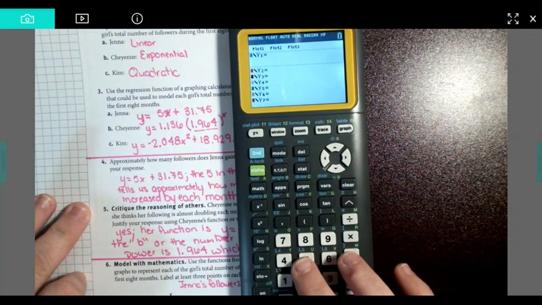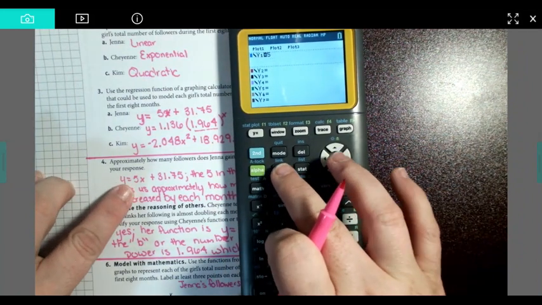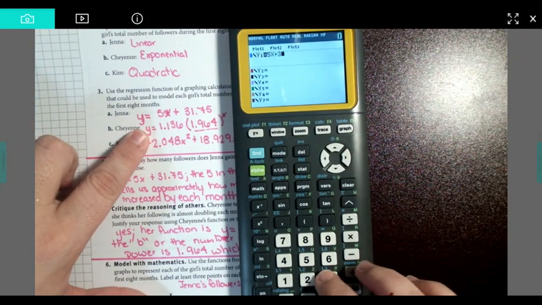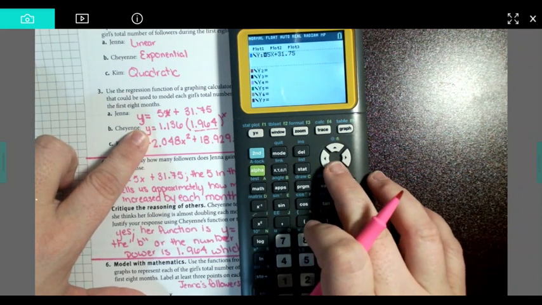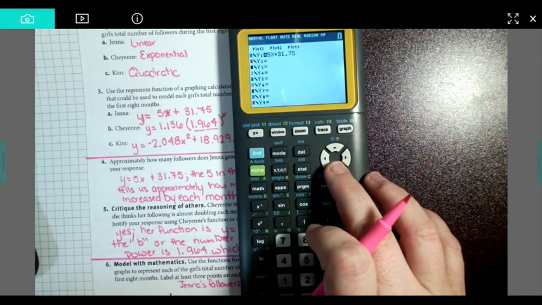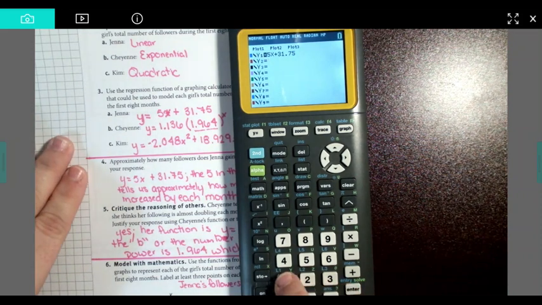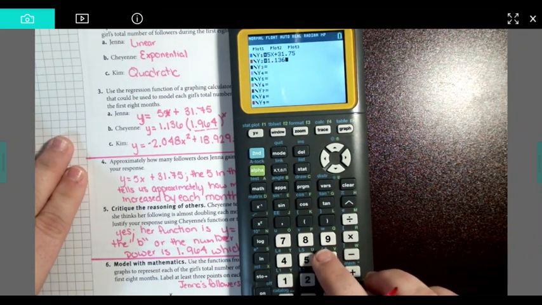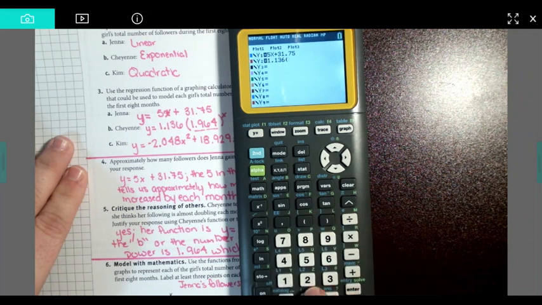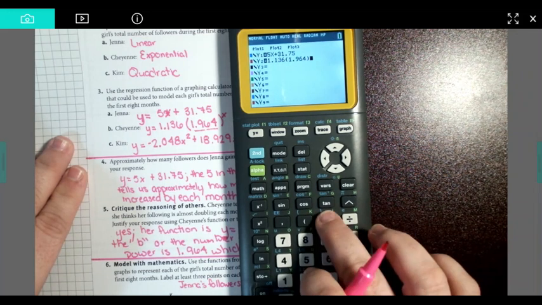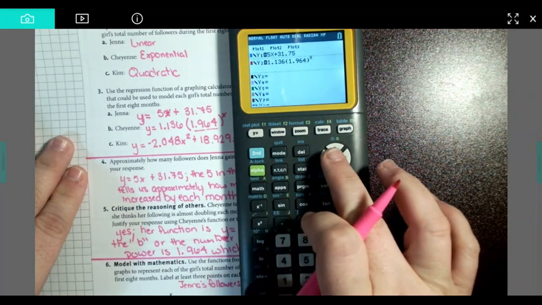5x plus 31.75. I'm going to go ahead and type in the others as well while I'm in this screen, and we're just going to turn the equations off. 1.136 parentheses 1.964 raised to the x power.